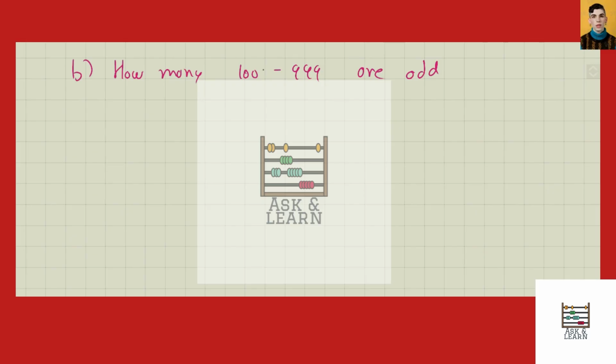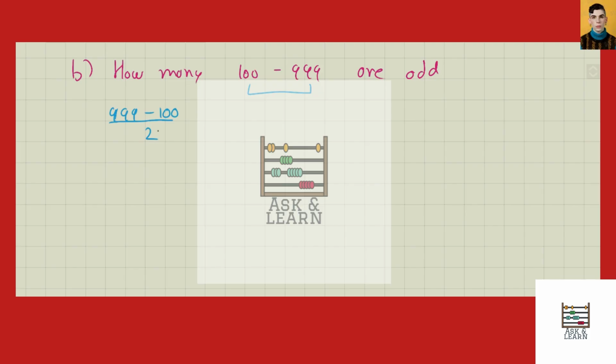You just need to take how many numbers are in this interval: 999 minus 100, and this divided by 2.